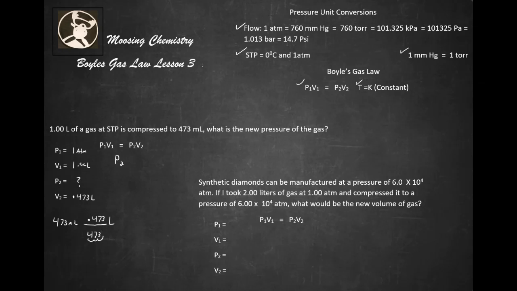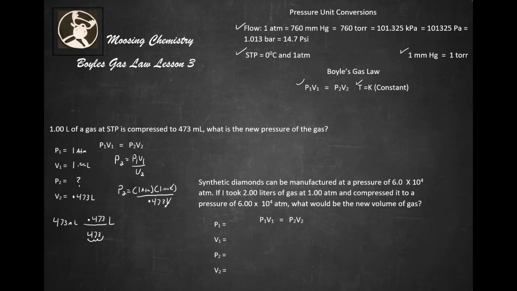So P2 is equal to P1 V1 over V2. So P2 is equal to 1 atm times 1 liter divided by our second volume, which is 0.473 liters, right?